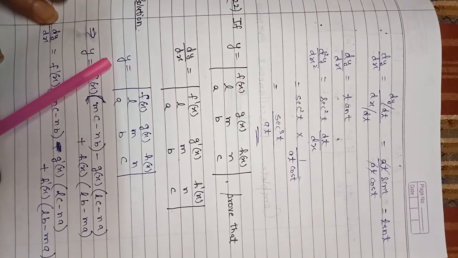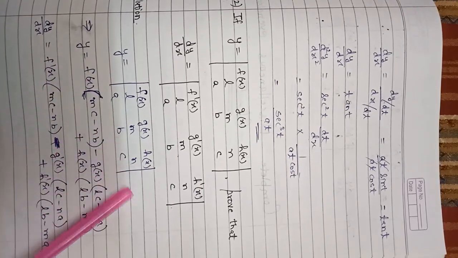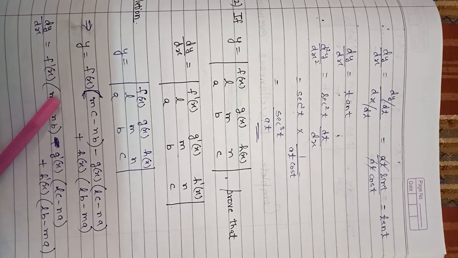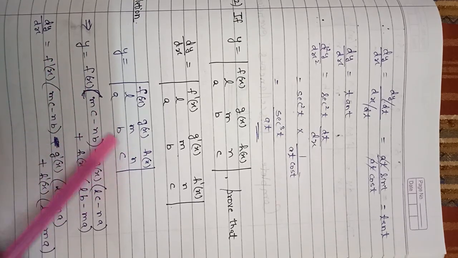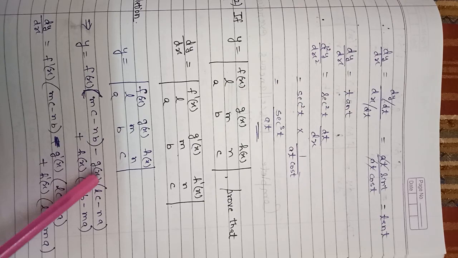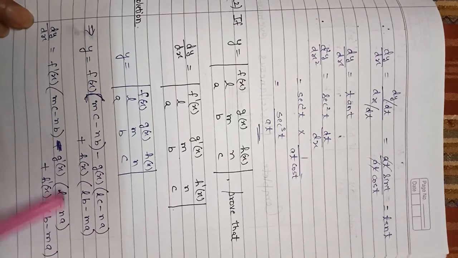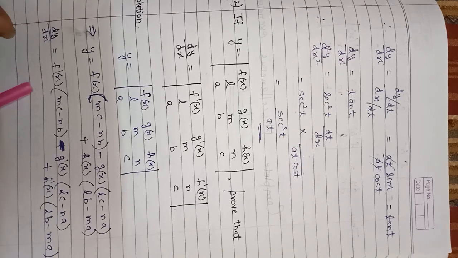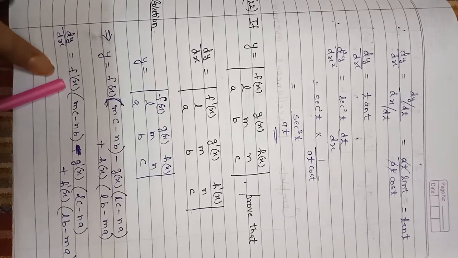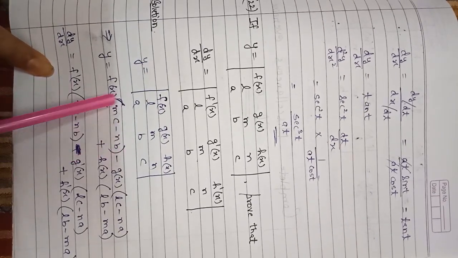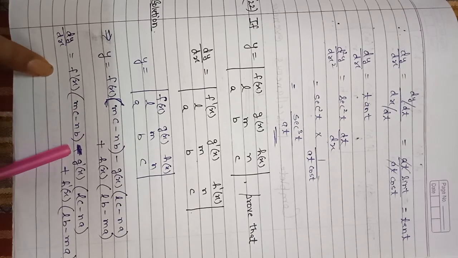So we will be just expanding this determinant. After expanding, this is getting as f x into m c minus n b, minus g x into l c minus n a, plus h x into l b minus m a. Now we will be differentiating this. dy by dx will become f dash x. This term is a constant term, so this will remain as such.